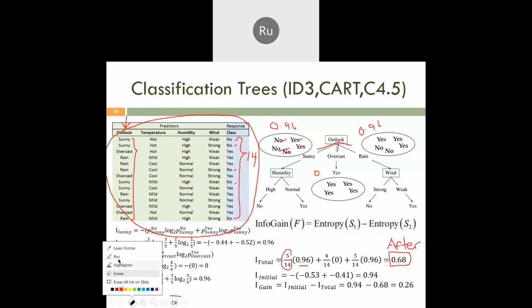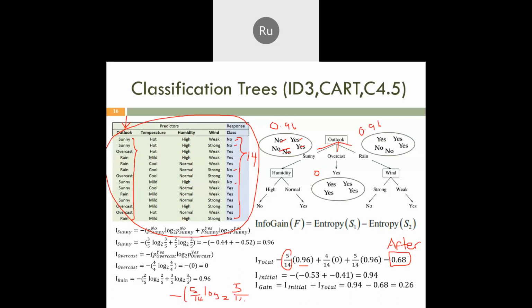Before the splitting, we have 5 over 14 log 2 of 5 over 14 plus 9 over 14. The 9 is for the yes. Log 2 of 9 over 14.